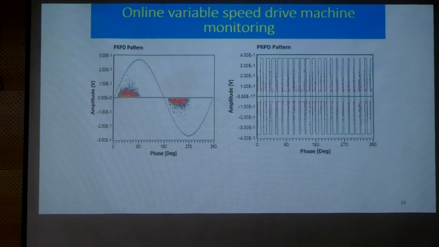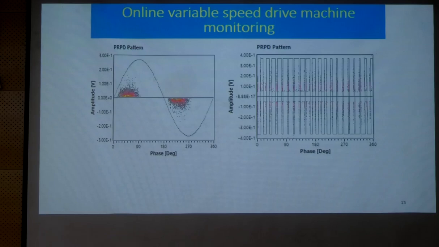Once the partial discharge is initiated, with respect to that switching it gradually gets severe. We usually measure these discharges in terms of picocoulomb, and that also increases gradually with the deterioration of the insulation.